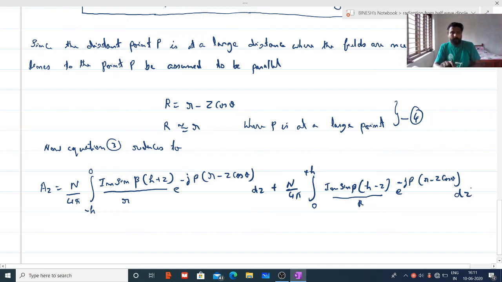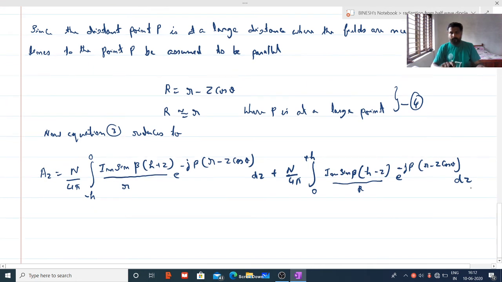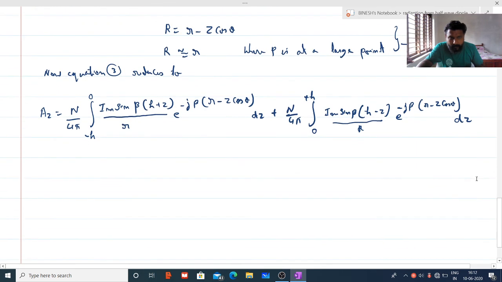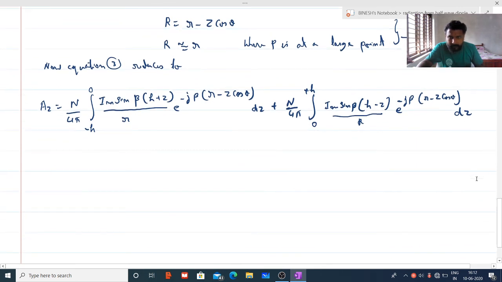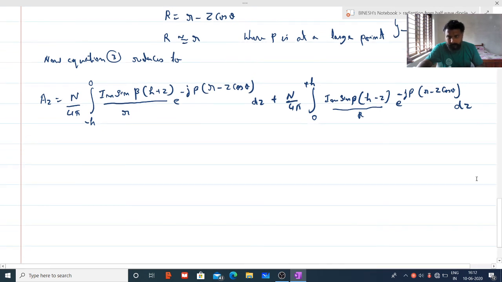Okay, so this is the modified equation. When I include equation 4 in equation 3, you will get the modified equation. It cannot be reduced, it is modified in this form.